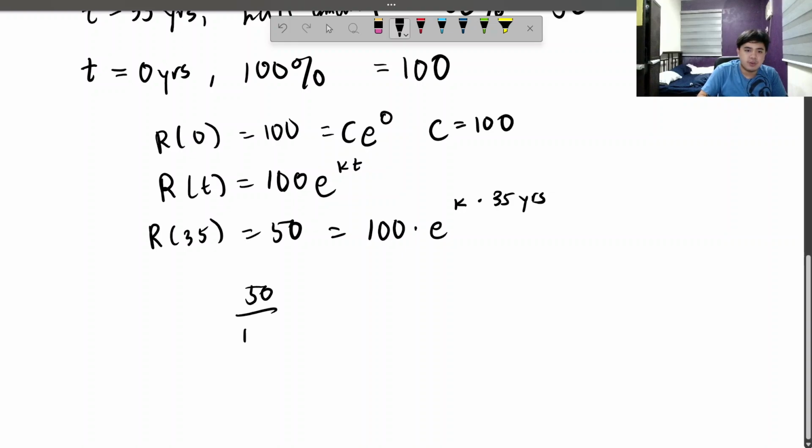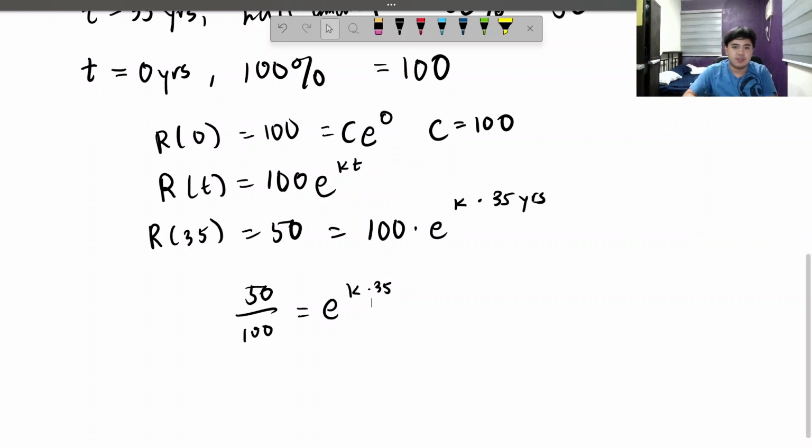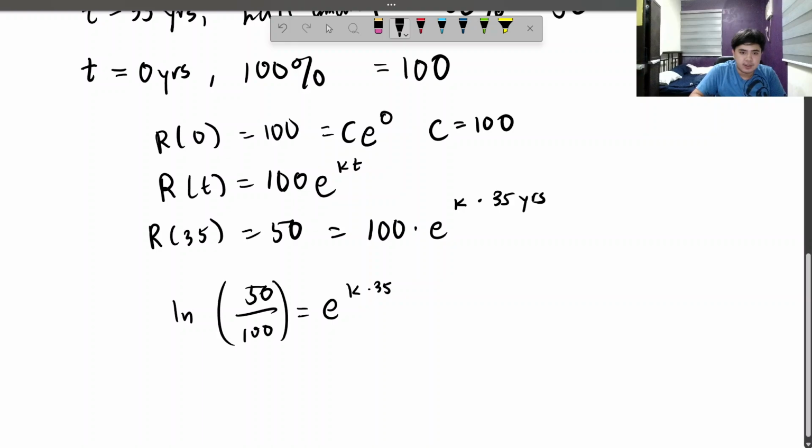So we get 50 over 100 equals e to the k times 35. To remove the e, we can take the natural logarithm of both sides. The ln and e would cancel each other out, leaving us with 35k on one side and ln of 1/2 on the other.